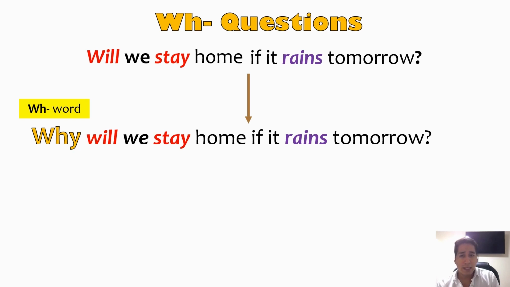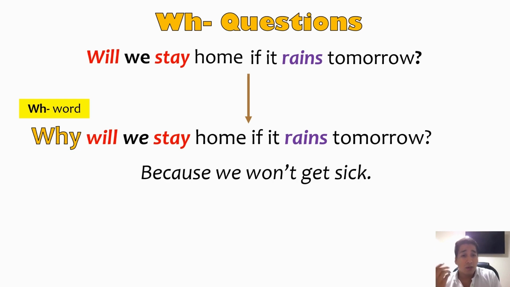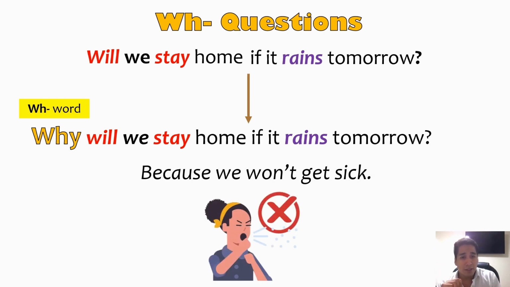So this time, this WH question is asking us for the reason why. I'm going to say because we won't get sick. Like this, right? So if you want to formulate a WH question using the conditional, you just have to add a WH word to your yes no question. Okay, that's it.